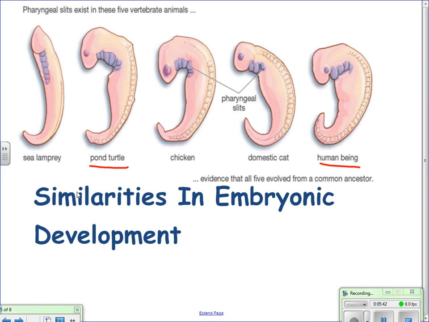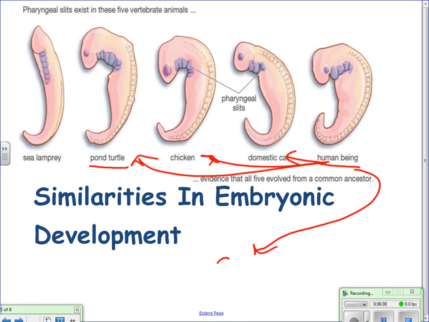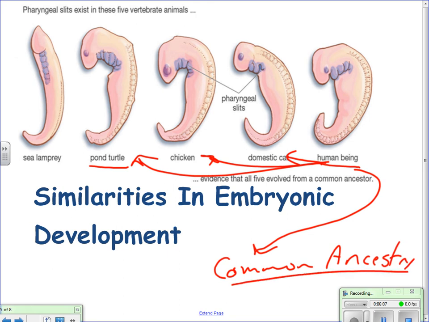At some point in a human's development, we could say that they were very similar looking to that of a pond turtle, or a chicken, or a domestic cat. And this suggests that, again, we've probably all descended from common ancestry. And we can see that within our embryos.